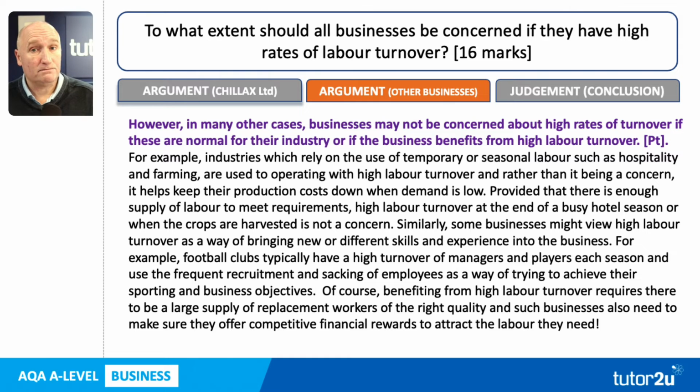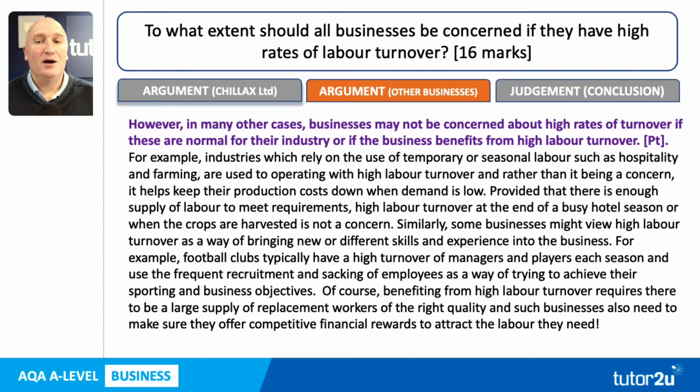So, for example, industries which rely on the use of temporary or seasonal labour, such as hospitality and farming, are used to operating with high labour turnover, and rather than it being a concern, it actually helps them keep production costs down when demand is low, when you don't need seasonal or temporary labour.